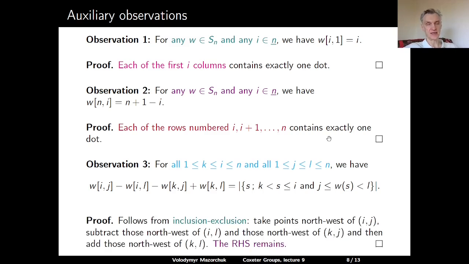And this is just a direct consequence of the inclusion-exclusion principle. We take all points which are northwest of i, j, we subtract those which are northwest of i, l, and those which are northwest of k, j, and then we add those which are northwest of k, l. And this exactly counts the right-hand side of this equality.